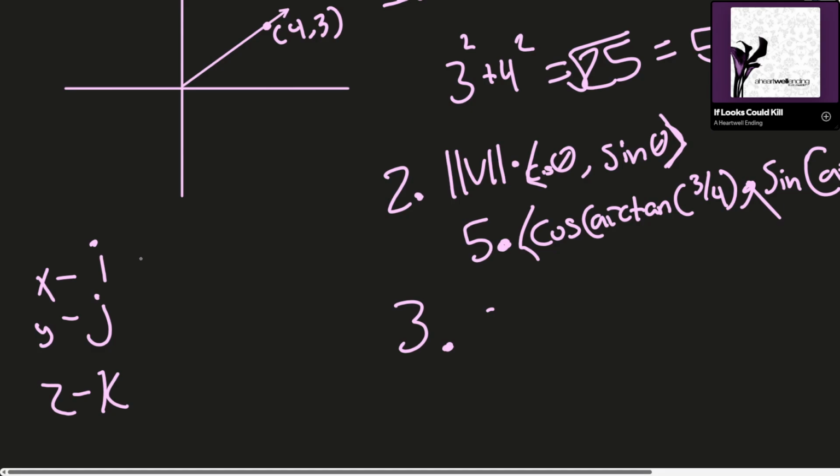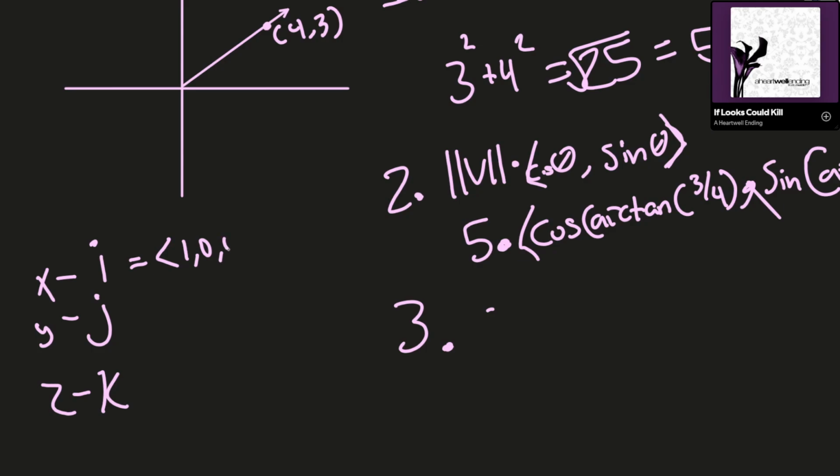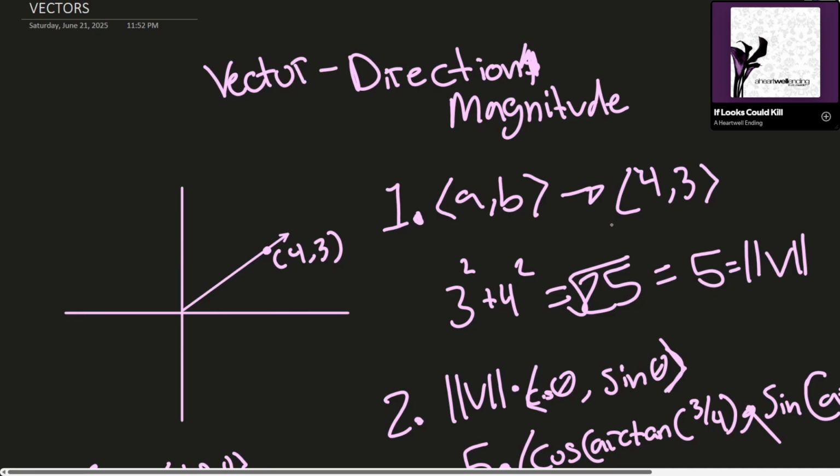Here, this is equal to, if we write it down in the normal vector form, 1, 0, 0. I'll use 3 dimensions here, just because I'm using the 3 variables. Here, this is equal to 0, 1, 0, and here, this is equal to 0, 0, 1.